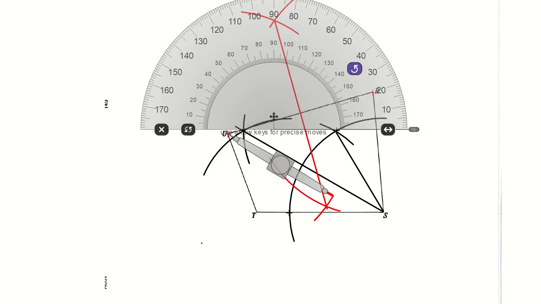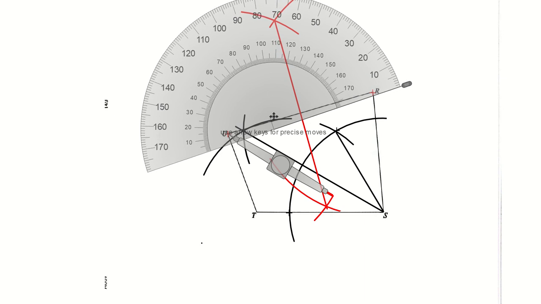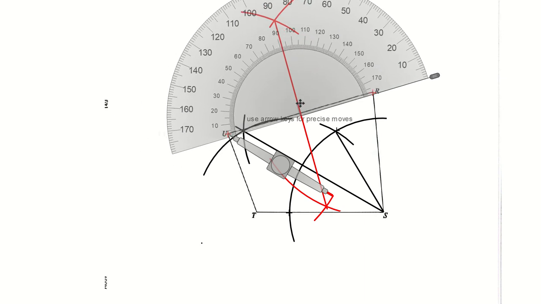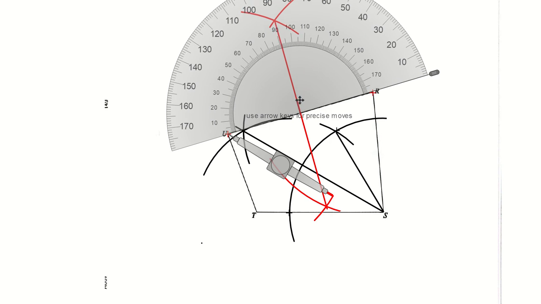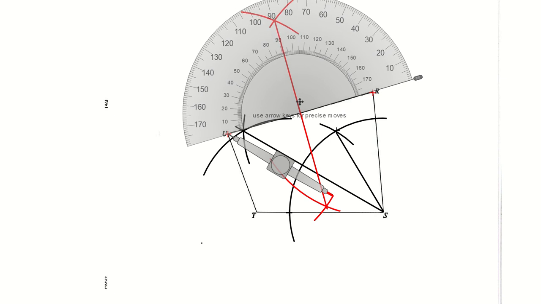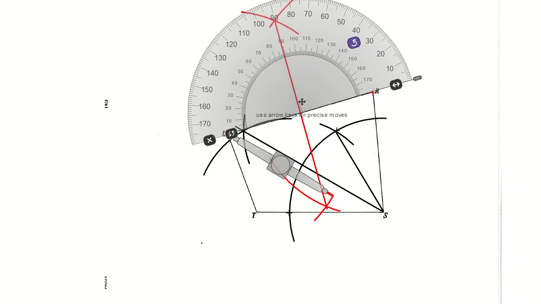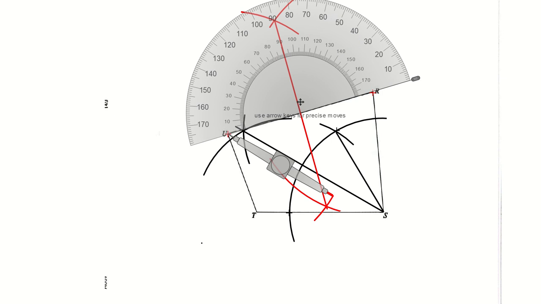We need to line up this line here. And you can in fact see, or if you can't see it, let's just make it a little bit smaller, you can in fact see that that is 90 degrees, right?